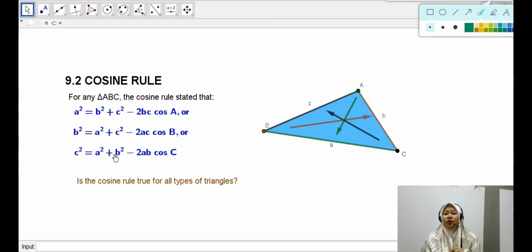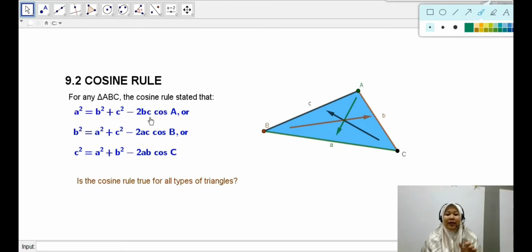So if you were to find the length a or the angle at vertex A, you can use this one. Why? Because right here a squared is already the subject, so it is easier for you to directly find the side a.